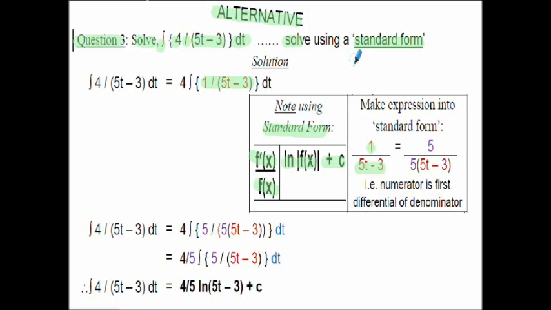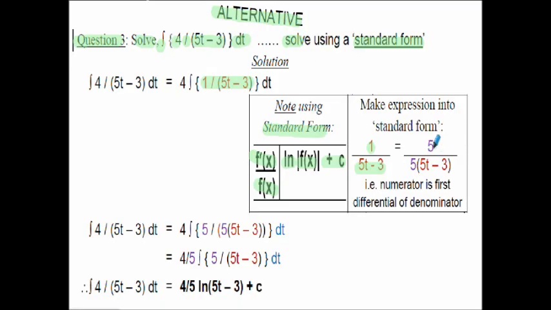If we were to differentiate the denominator, the 5t minus 3, from our standard tables, we would end up with the value of 5. Now on the top line at the moment, we have the value of 1. So if we could have 5 on the top line, then we would have the standard form where the numerator is the first differential of the denominator.